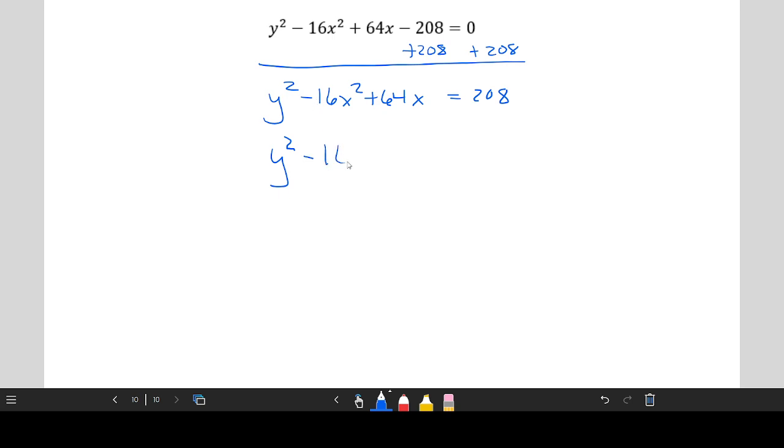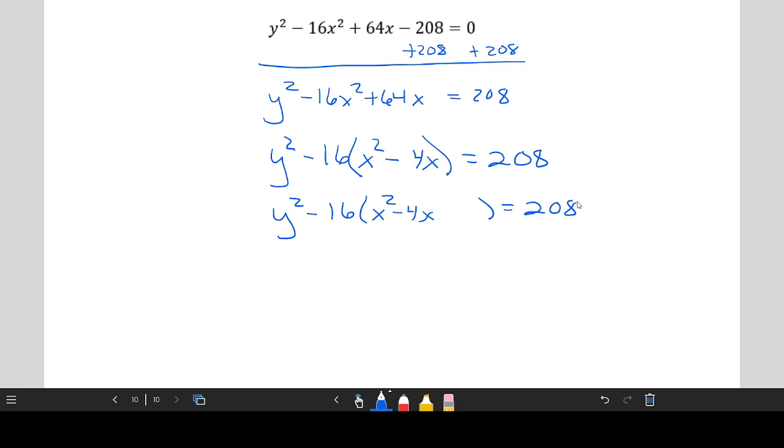So we're going to factor negative 16 from the terms that have x. And then again, there's nothing to do with the y squared part because it doesn't have a y to the first. So we're just going to have y squared as one of our numerators when we're done.